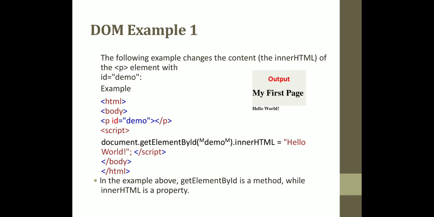And in the script we have used the method getElementById of demo, and dot innerHTML, and the message we have passed is Hello World. So in this example, getElementById is a method, and innerHTML is a property. getElementById is used to return the element with a particular id, and here the id we have given is demo.